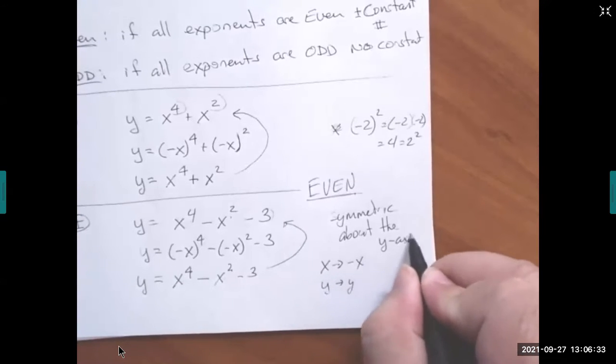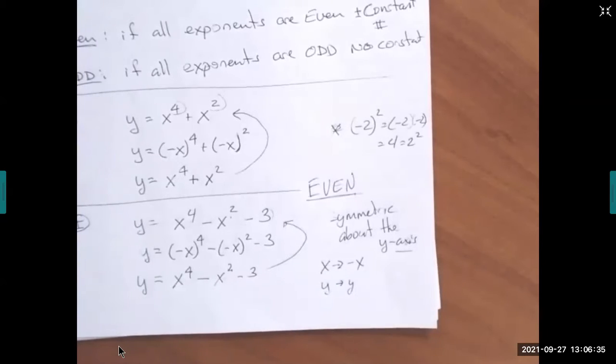The y-axis, right? So if the x's change and the y's stay the same, then it's symmetric about the y-axis. Is everybody okay about the symmetry? I mean, symmetry about the axis, what it really means?